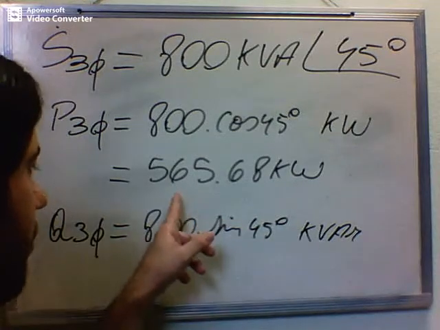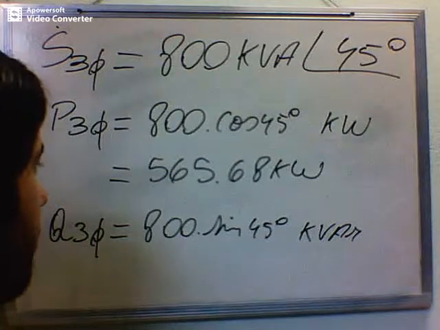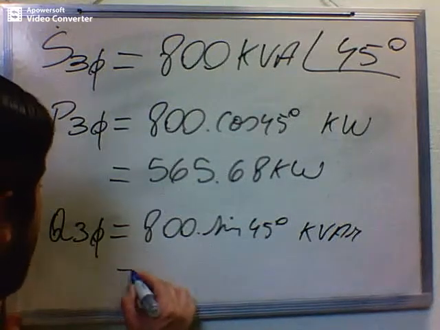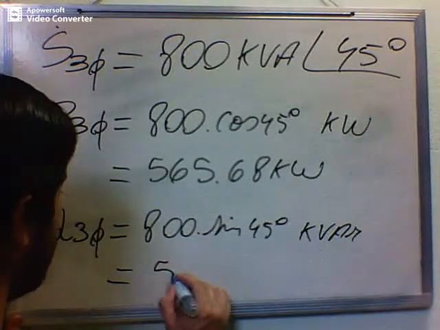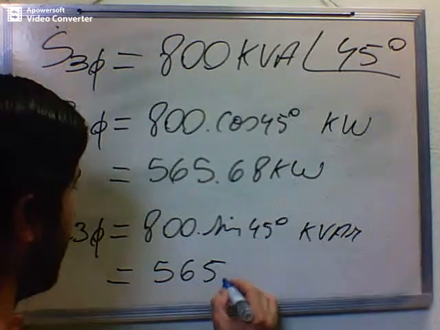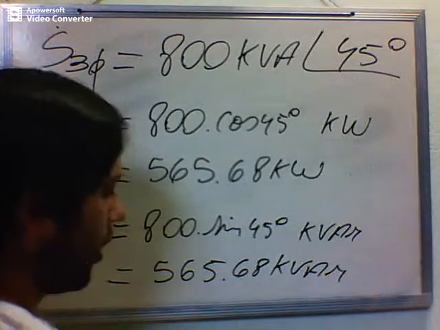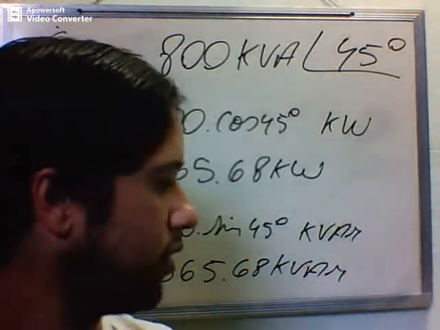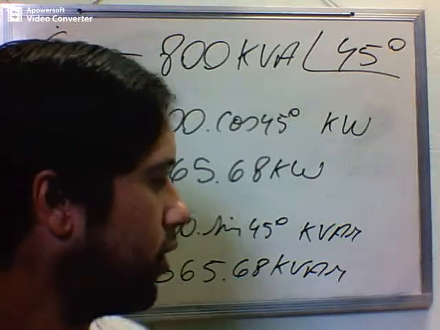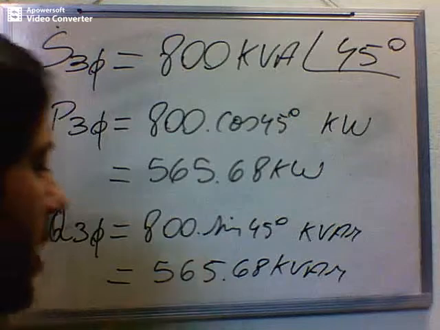The value is the same because the cosine and the sine of 45 degrees are the same, so it's also 565.68 kVAR. Alright, my friends, now that we know this, we are going to use this value.